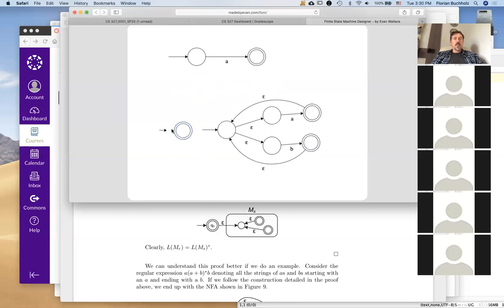That is my new starting state. This needs to go, and this needs to be the epsilon closure. So this is now A plus B star.